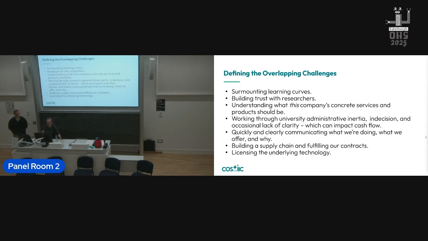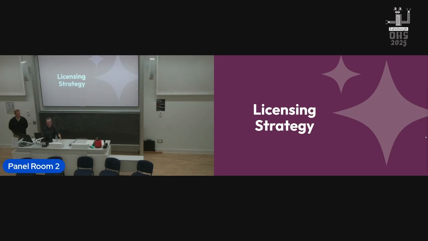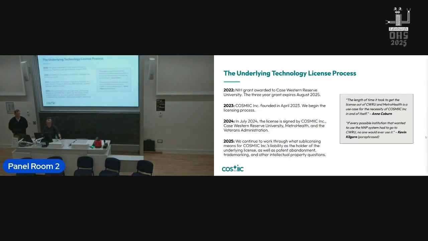So all of this starts with the underlying technology, and that's where we get into how do we do this open source. So Cosmic Inc. licensed the underlying technology from Case Western Reserve University, who holds the patents on this technology, the whole Cosmic system, right? You may see in this slide that the research group was awarded the grant in 2022.